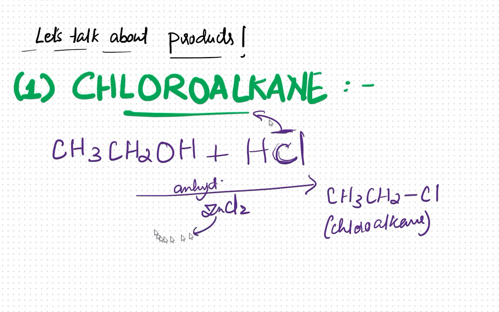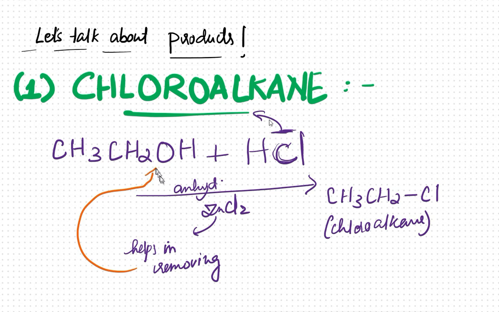This zinc chloride is an important catalyst, and it helps in removing the O. Can you see the O? Yes, this O. It helps in removing it from the CH2OH structure, so that chlorine can come and easily get attached.